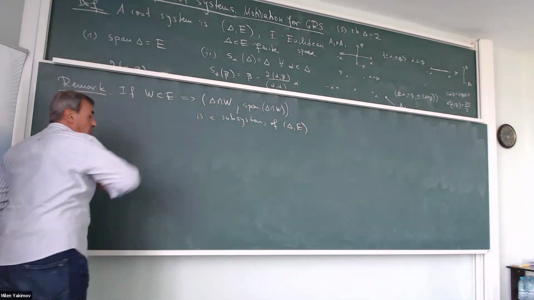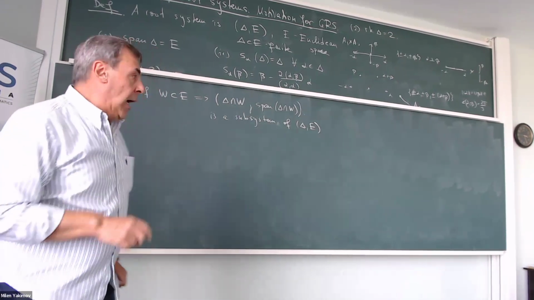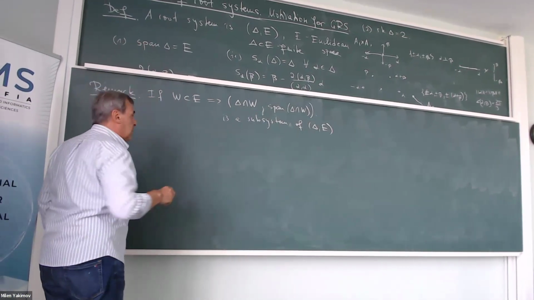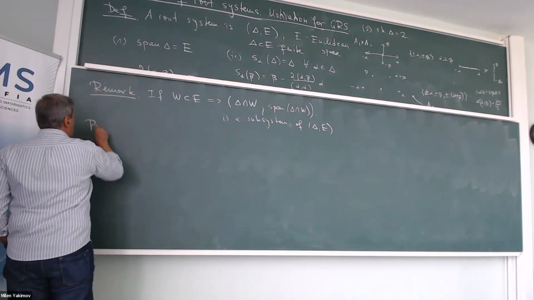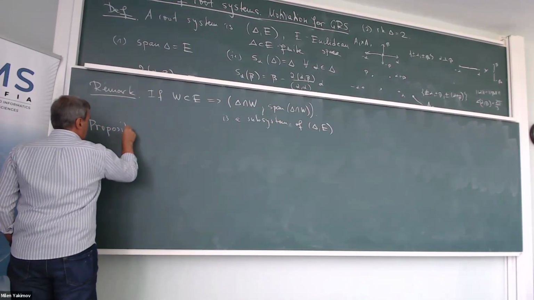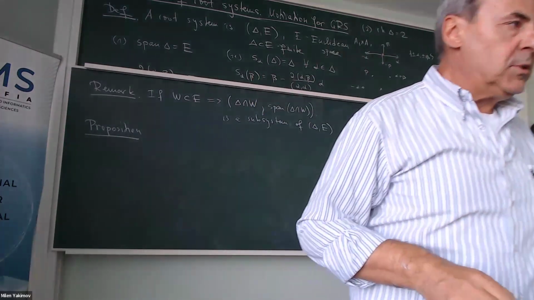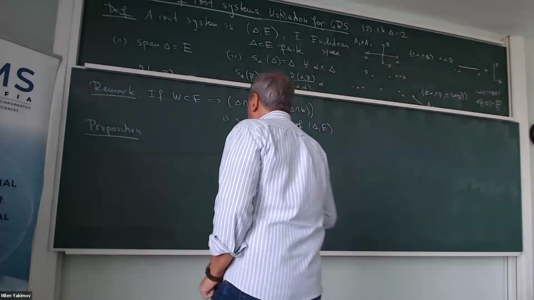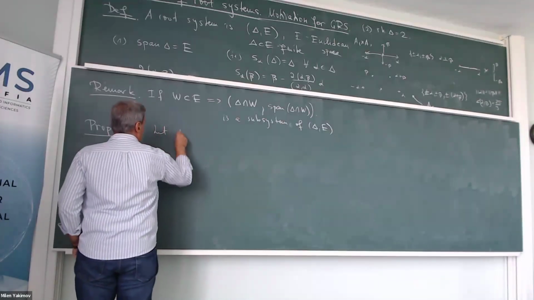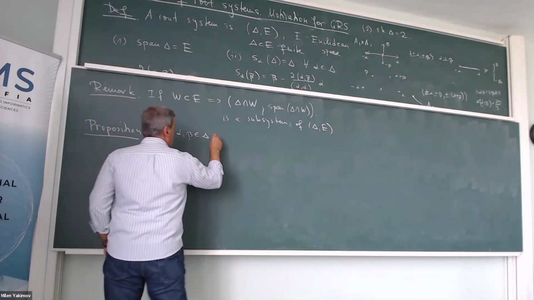Now, because of this observation, I can state a proposition. We're already in a position to prove some statements about root systems. Let alpha and beta be roots.